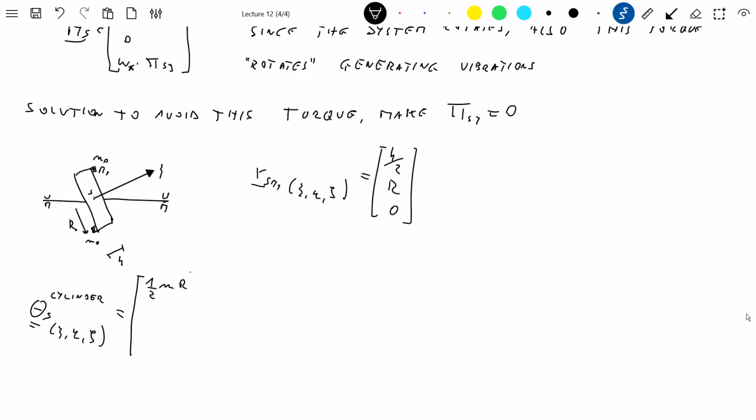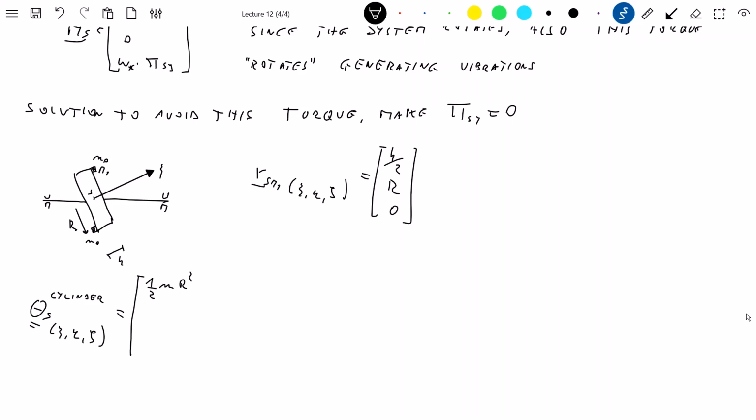So we have 1 over 2 m r squared. Now I'm just writing the formulas. You can check, you have tables everywhere for the moment of inertia matrix. On Wikipedia you will find all the simplest geometries. A cylinder is a geometry that you must know because you will encounter it many times. Even if you don't remember it, you just need to know how to read it from the table. So these are the principal axes, xi eta zeta.